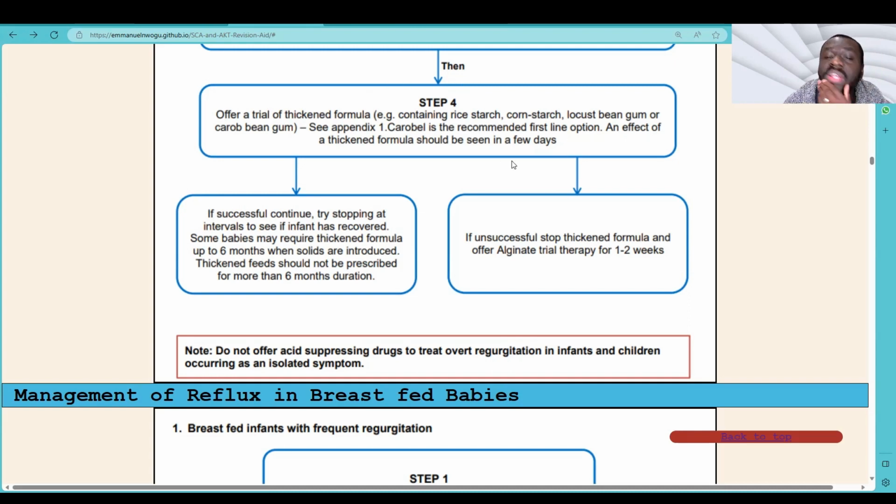If you've tried the thickener, particularly the carob, if unsuccessful, stop the thickened formula and offer an alginate trial. But typically, we use Gaviscon Infant as an alginate. So, if you tried a thickener and it's not helping, then offer the alginate trial therapy for 1 to 2 weeks.